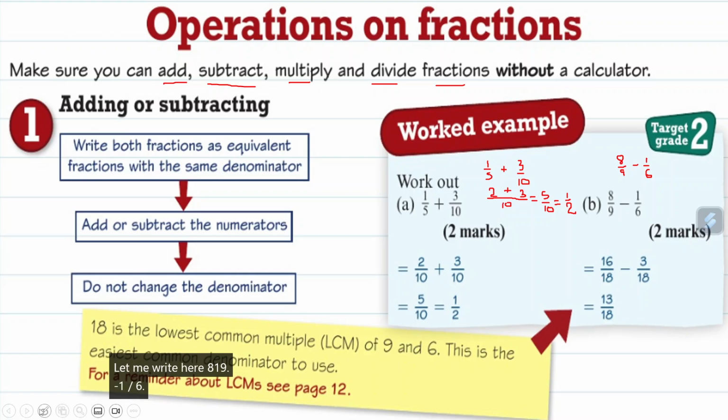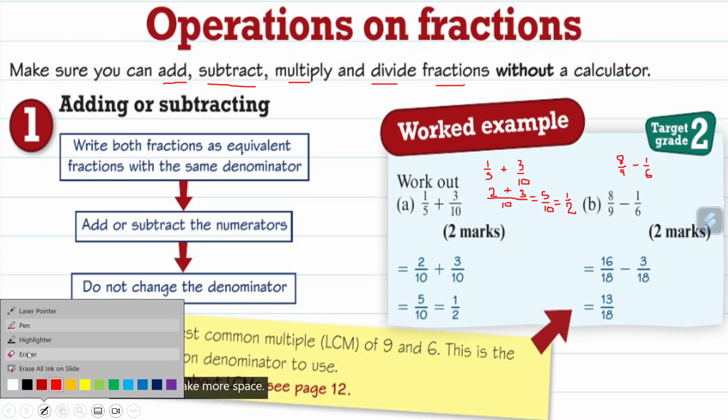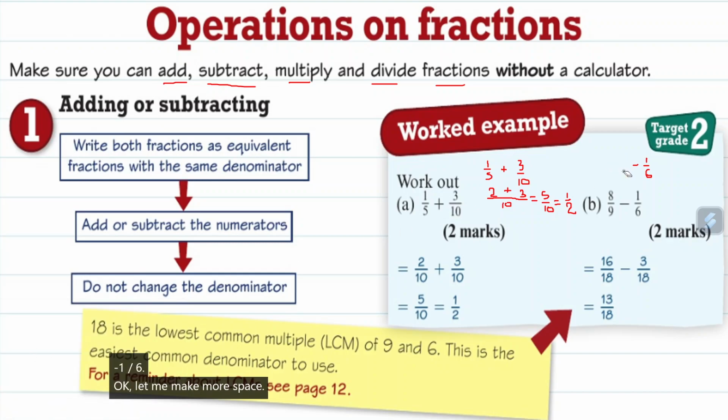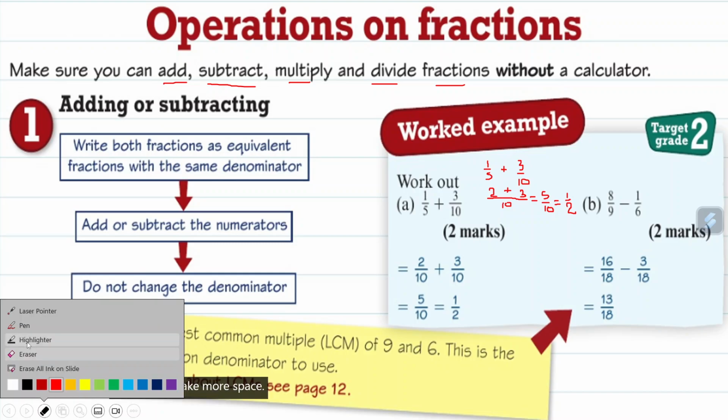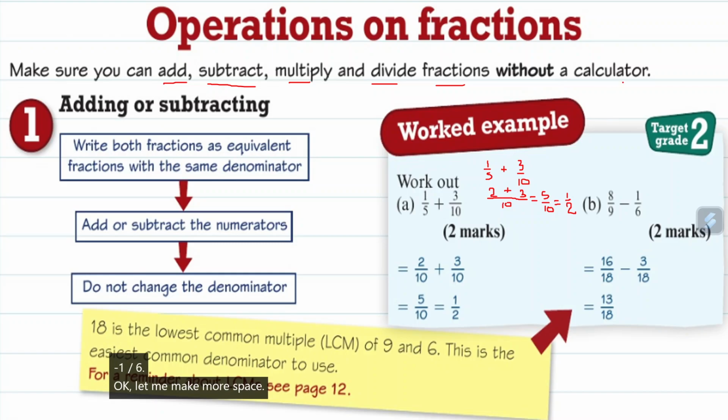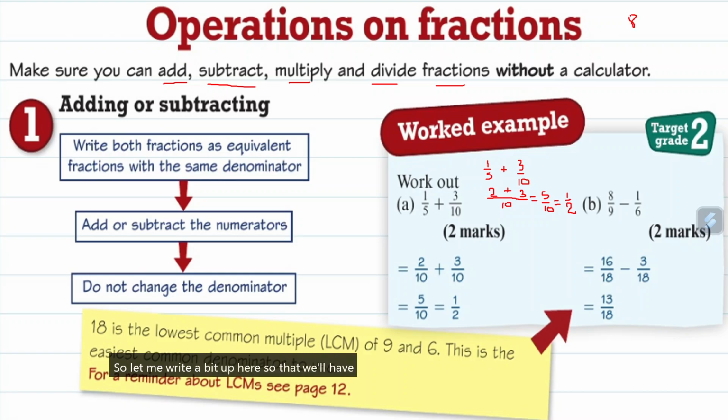Let me make more space. So let me write a bit up here so that we'll have space. This is 8 over 9 minus 1 over 6.